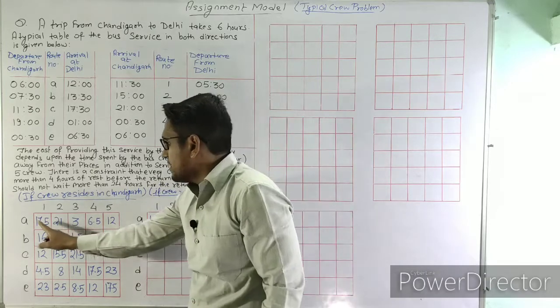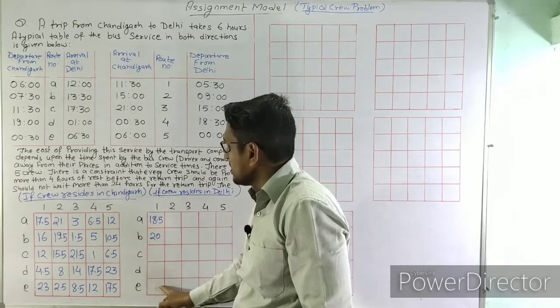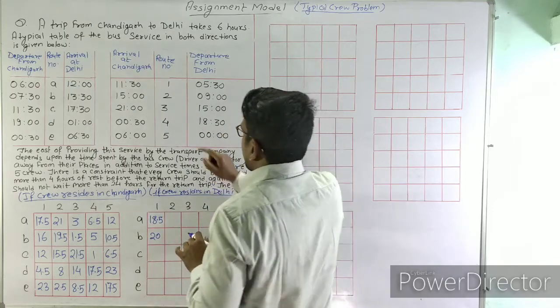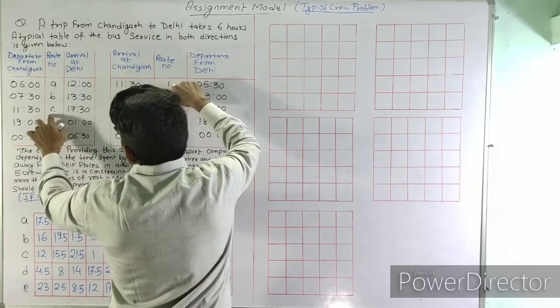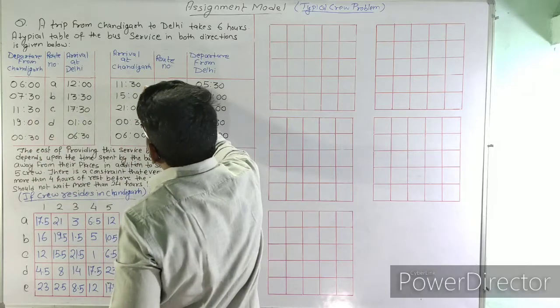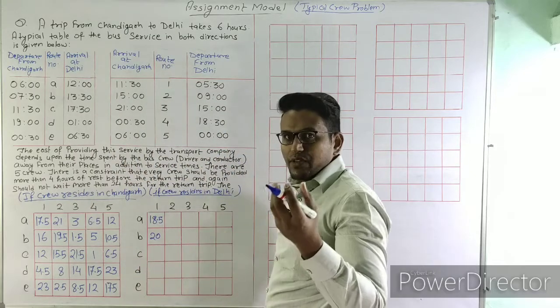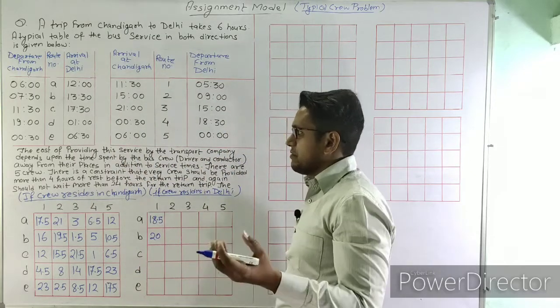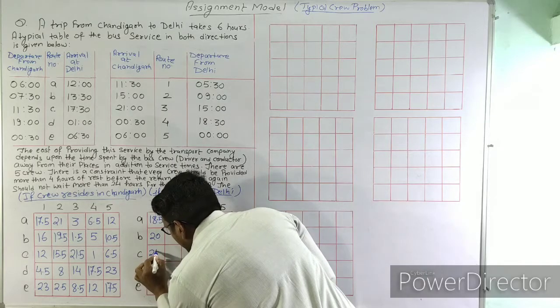Previously we have calculated row wise, now we are calculating column wise, please understand, okay. So if it arrives from route 1 and departs from route C, 11:30, so for this arrival time and departure time is same, so either we can take the value 0 or we can take the maximum value of 24 hours. So I am taking here 24 hours.